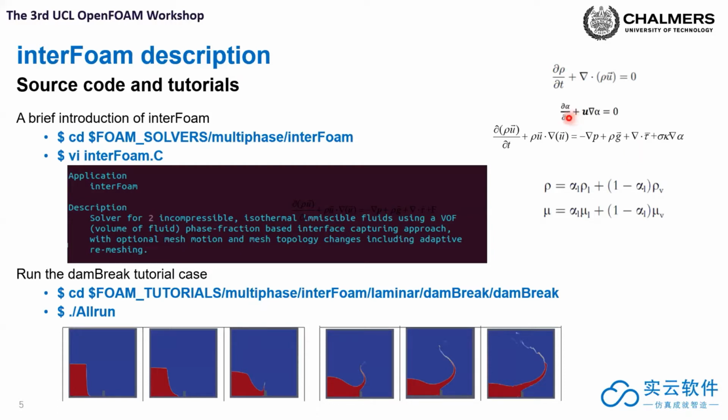And the density and the viscosity are volume averaged. So we have the density rho equals alpha1 times rho1 plus alpha2 times rho2, and alpha1 plus alpha2 equals unit 1. And this is the same for viscosity.